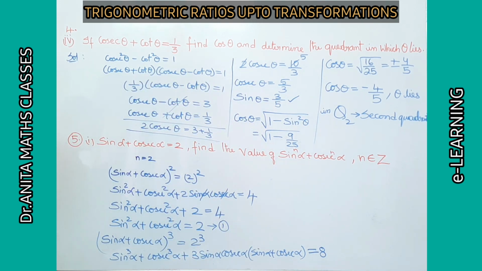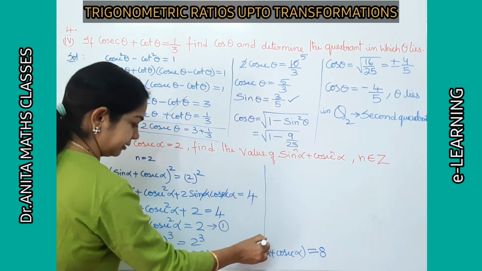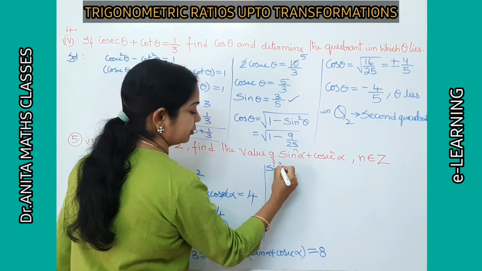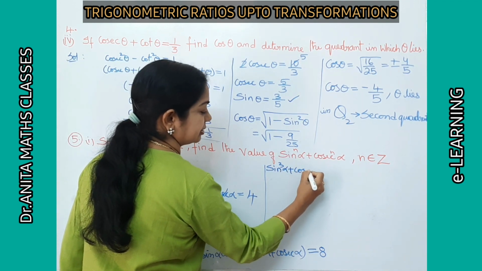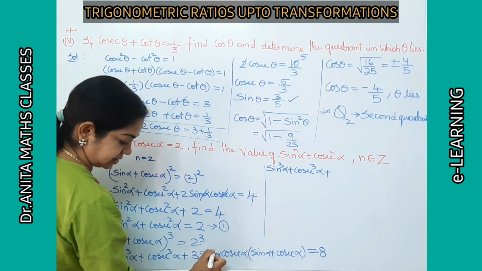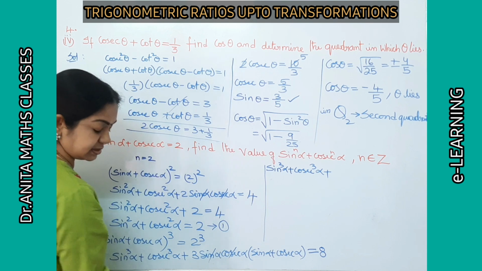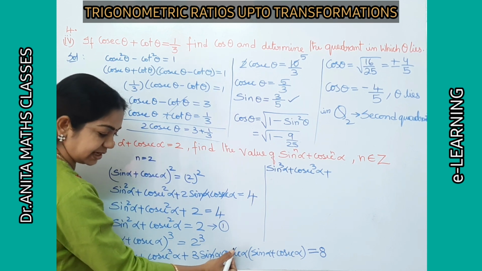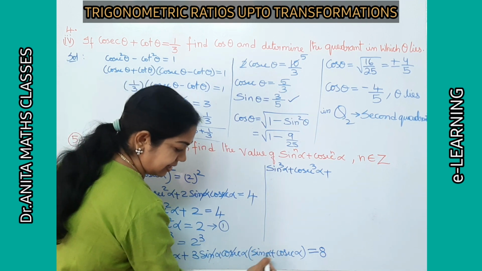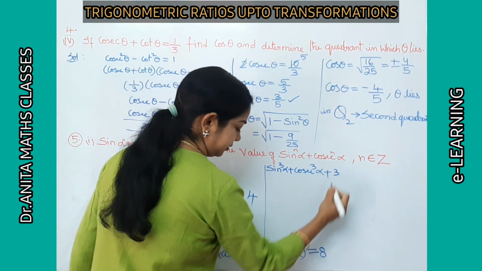Here, I'll write it at the top: sine cube alpha plus cosecant cube alpha plus 3, and sine and cosecant are multiplied, so we can cancel them off. They are multiplicative inverses. You can write cosecant as 1 by sine, so sine and sine go off.